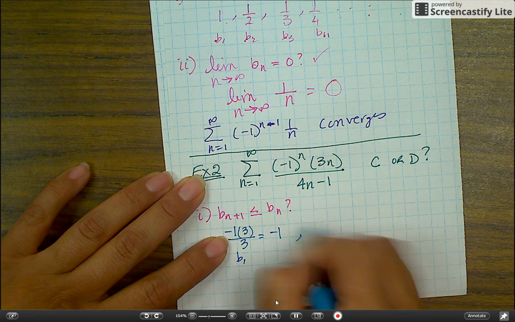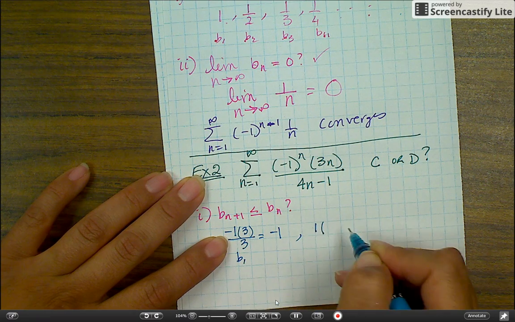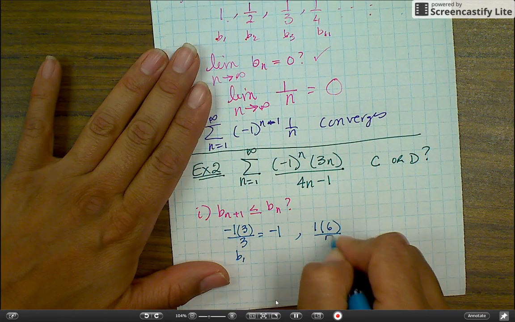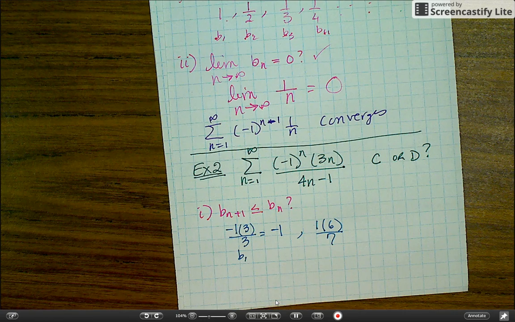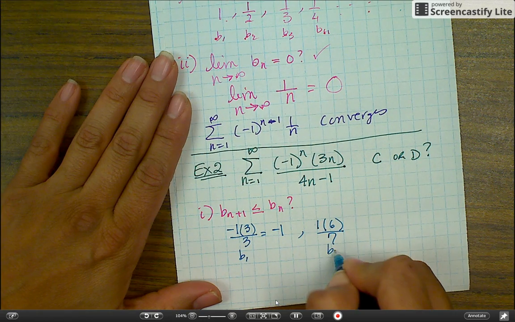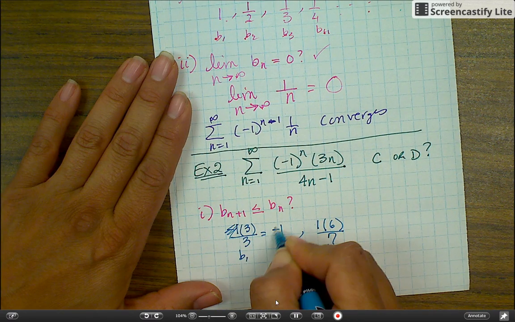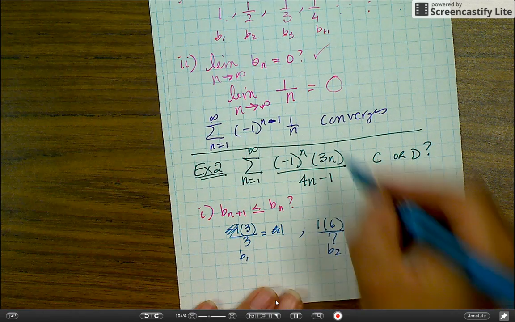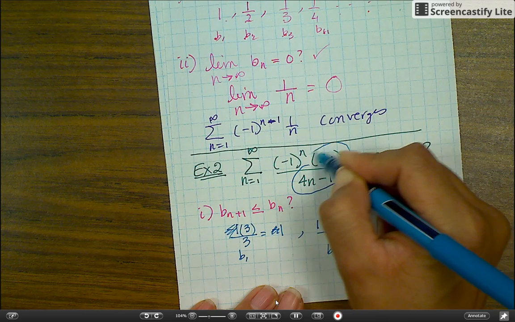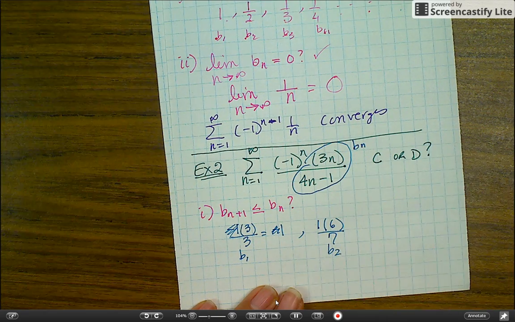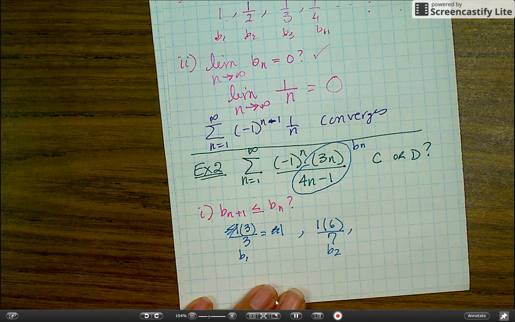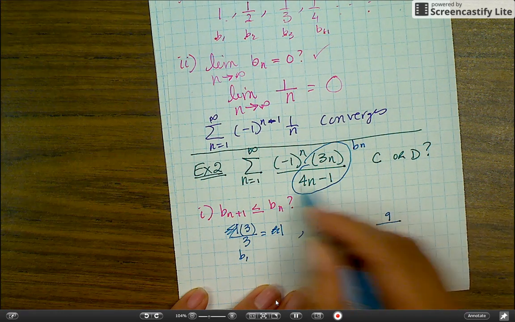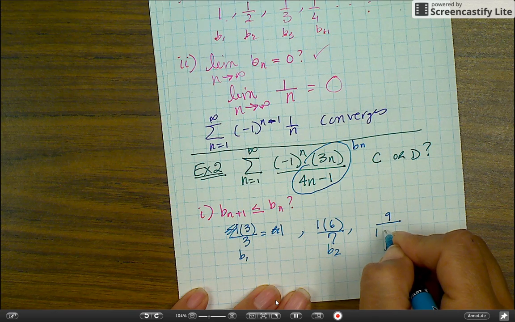Now B2 is going to be 6 divided by 7. You guys agree? So this is B2. I can ignore the negative, because that's not the B part. I should just be looking at that. All right, now B3 is going to be 9 all over 12 minus 1, which is 11.